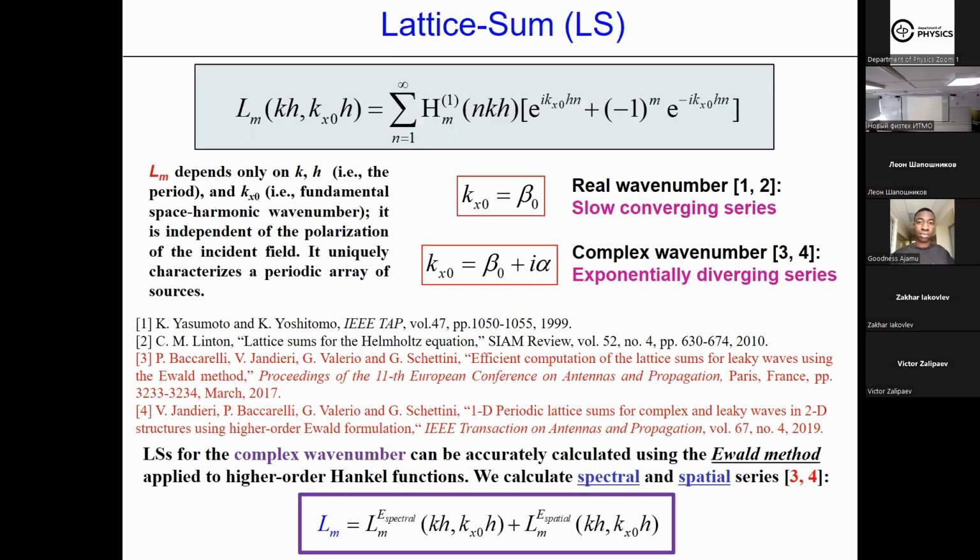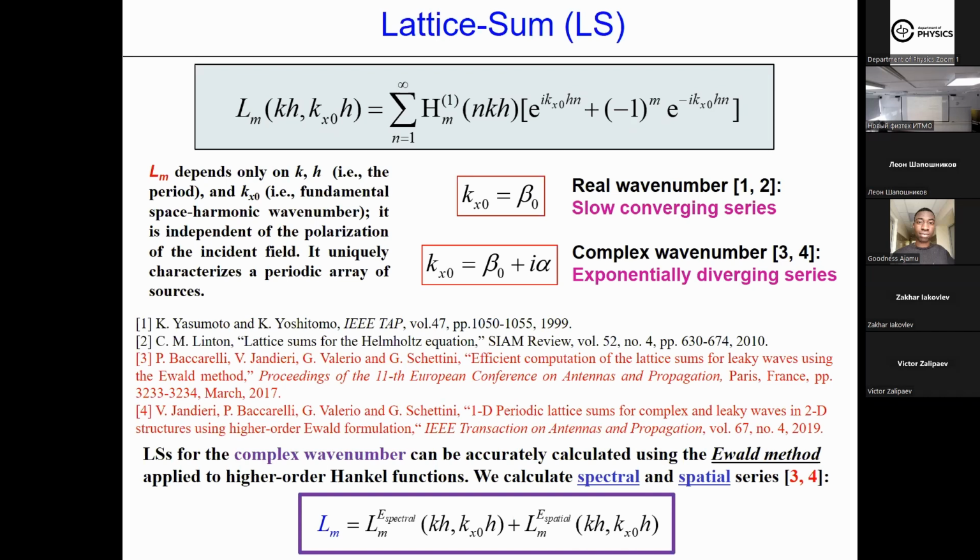Okay, let's go to the lattice sum. The lattice sum is presented as an infinite sum here, and H is the Hankel function. When kx is a real value, for example, theta 0, here it is a real value. There are some methods which can calculate this kind of series numerically.